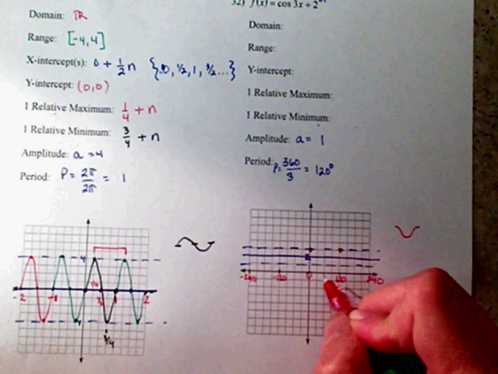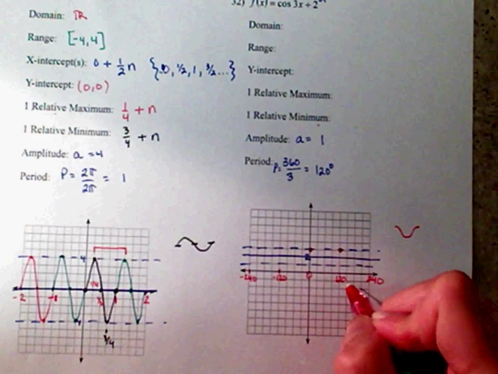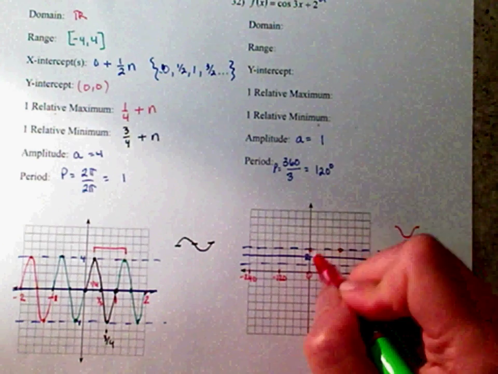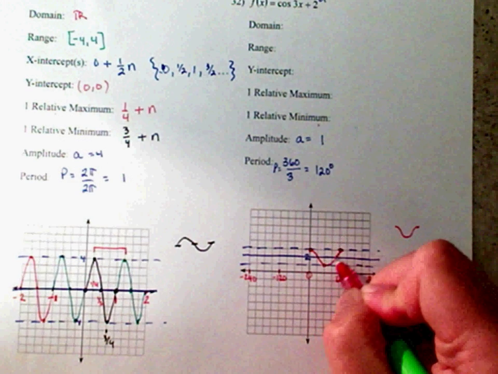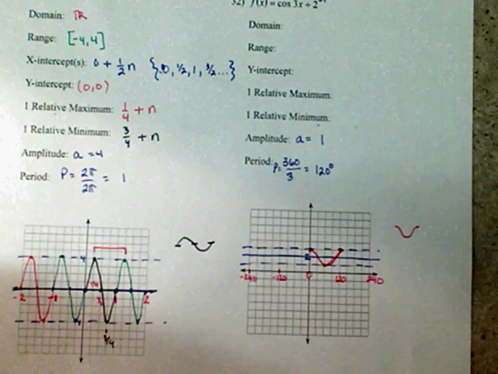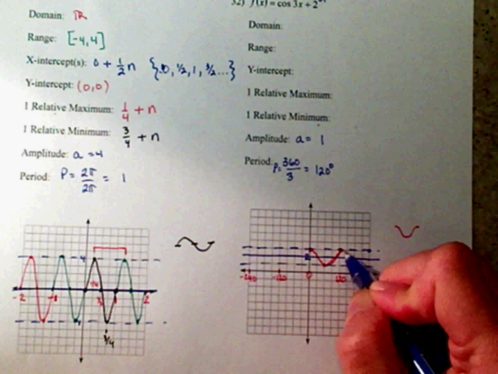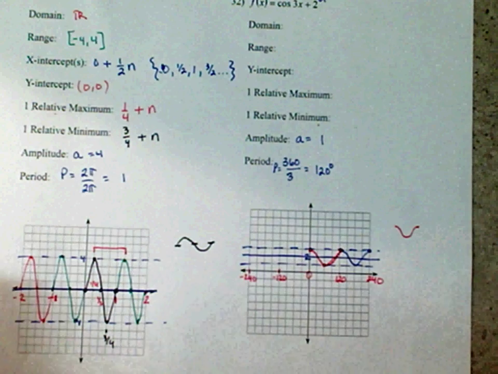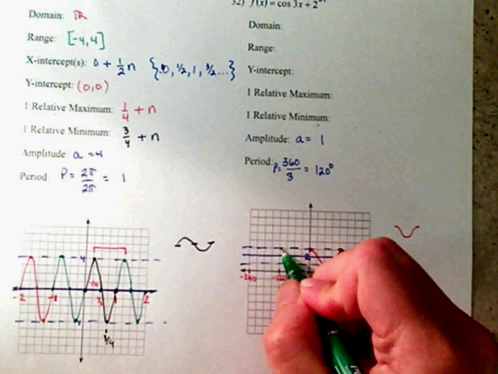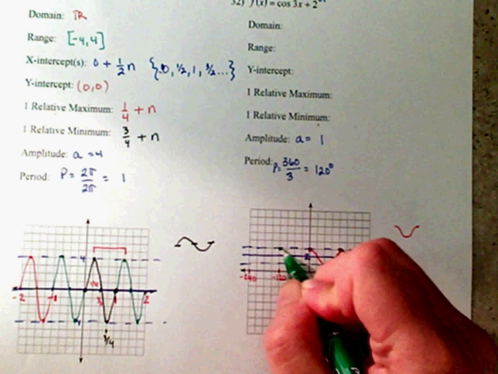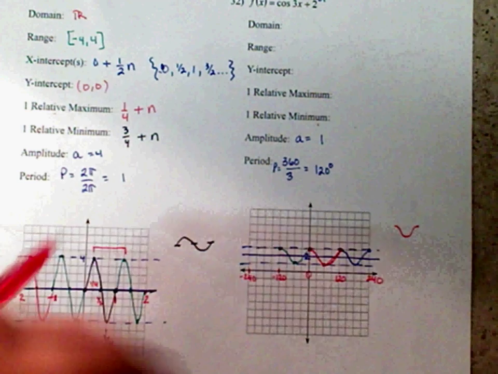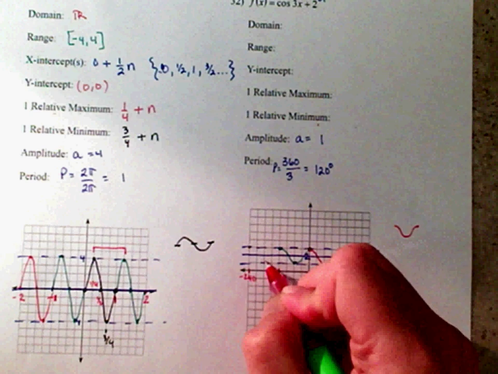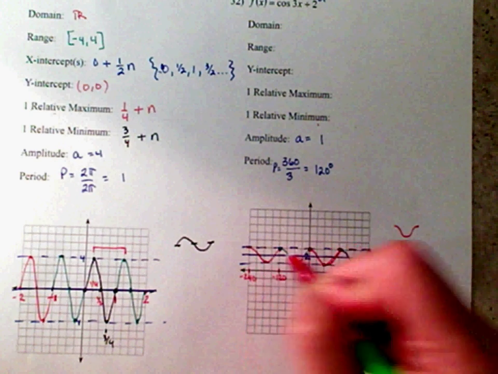Halfway between 0 and 120 is 60. So there I have my graph, and it's just repeated. It goes this way also. And there you have your graph.